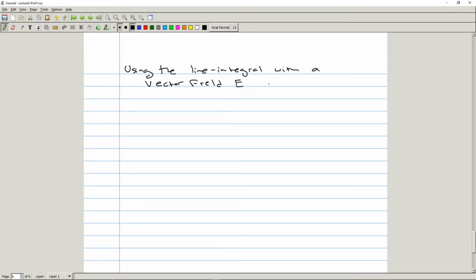And sometimes some sources don't distinguish the line integral of a vector field and the line integral of a scalar field. I think it's really important to distinguish between the two, because, as we're going to see, the line integral of a vector field is going to be defined using the line integral of a scalar field.